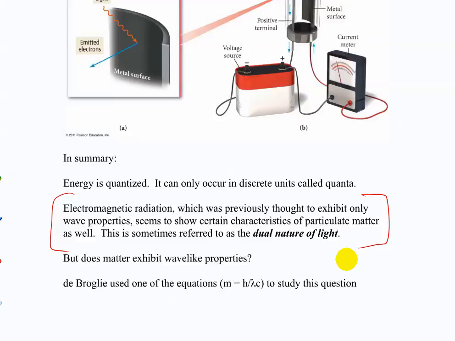And then this was extended further to say, well, okay, if light can act like a particle by transferring energy only in little photons and little packets, can matter also act like a wave? And the answer is, yeah.